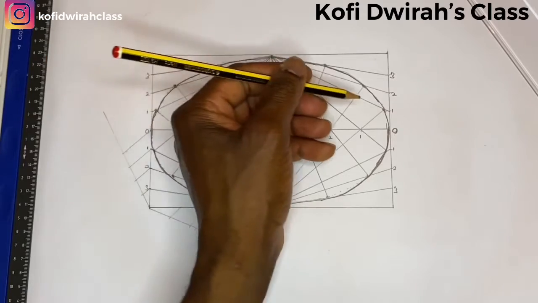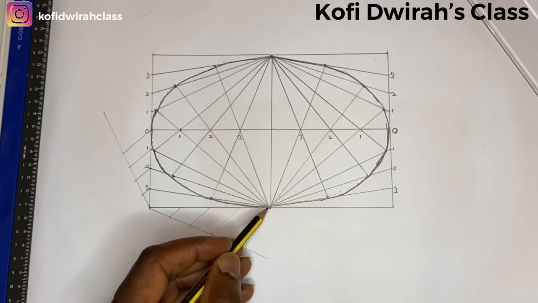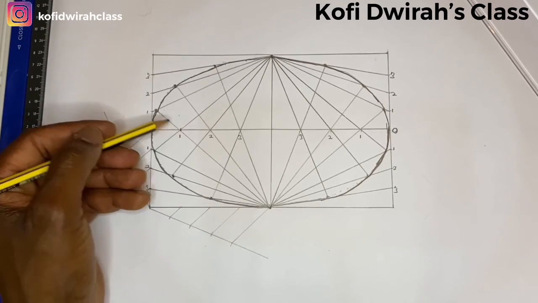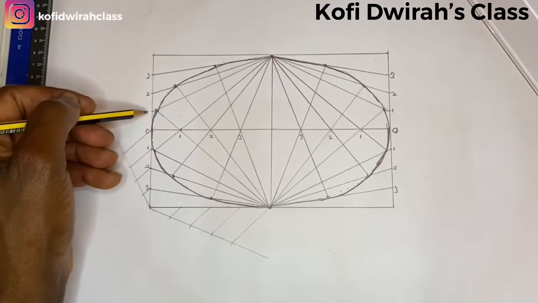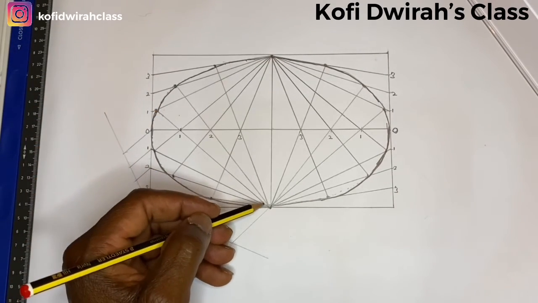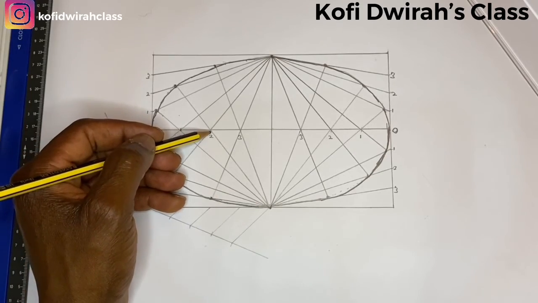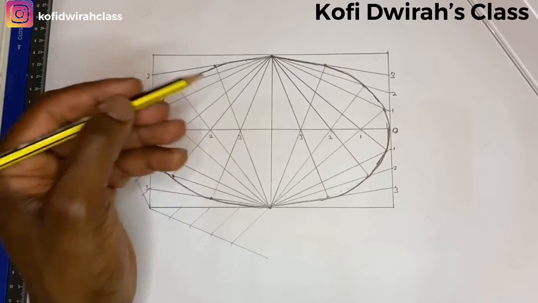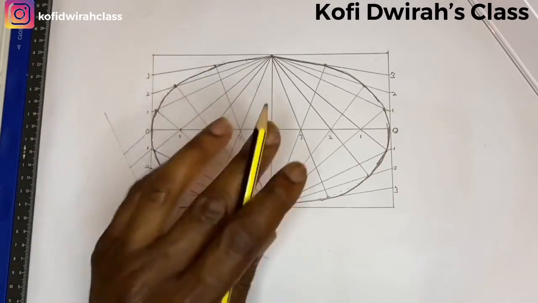Then the next step, you draw a line from this point. It goes through point 1, and when it touches line 1, then you stop. Then from this point through point 2 to line 2, then you stop. From this point through point 3 to line 3, then you stop.